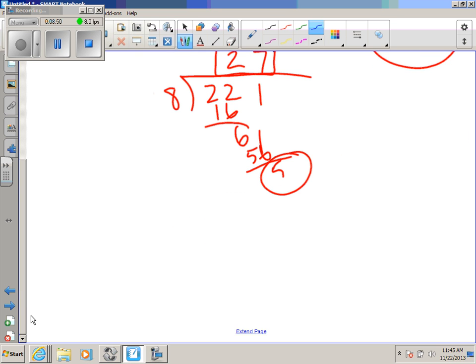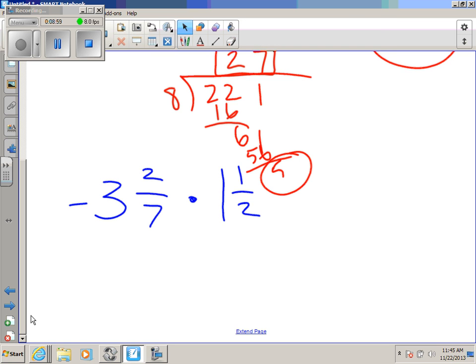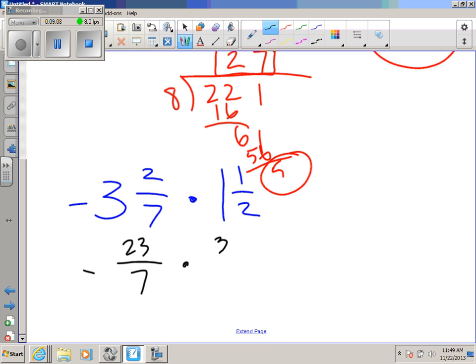Okay, try this one. -3 and 2/7 times 1 and 1/2. Again: 21 plus 2, 23 over 7, that's a negative. 3 over 2. Okay, unfortunately for us, we don't really have anything to reduce, right? 23 times 3, 69 over 14.